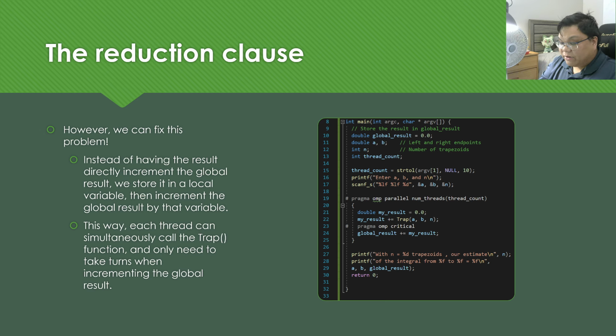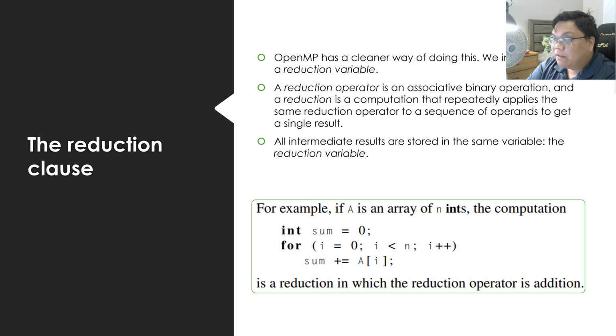This still counts as a reduction operation because we're adding to the global result by each thread's local my_result, which is the return value of our trap function. So we are adding to global_result over and over again using addition. Therefore, global_result is our reduction variable, and addition is our reduction operation.